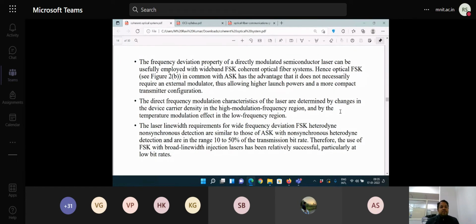Next modulation format which can be used is the frequency shift keying.